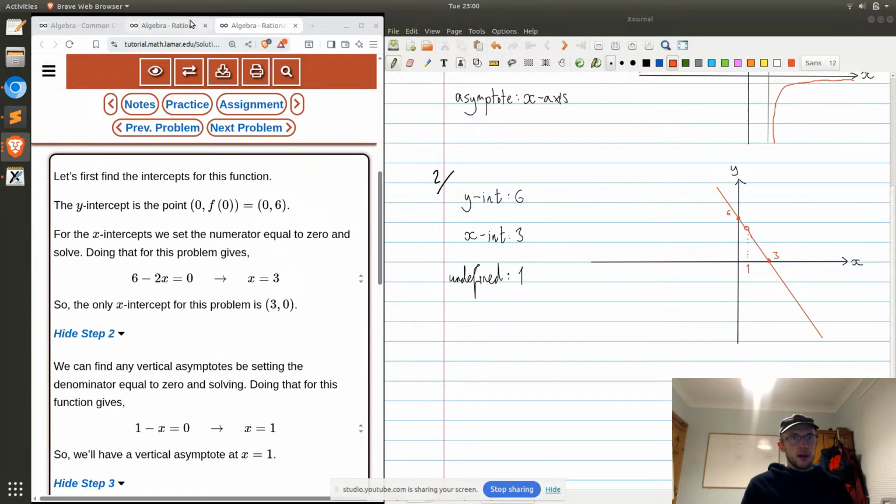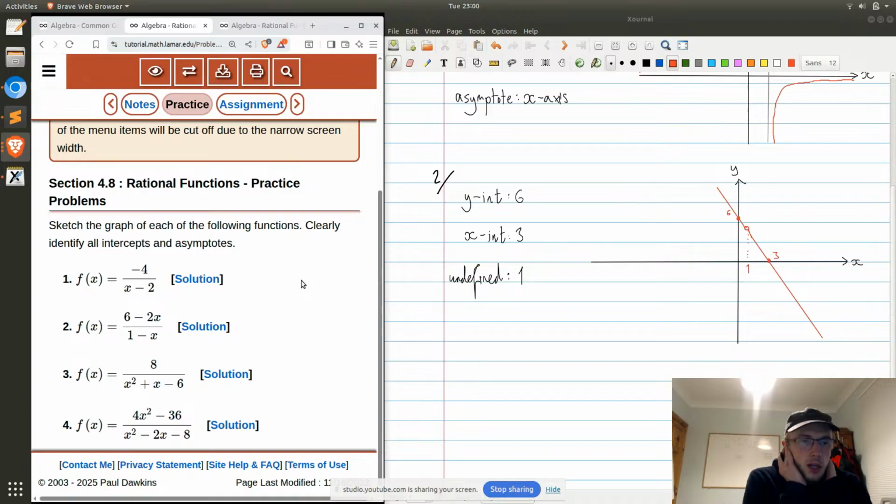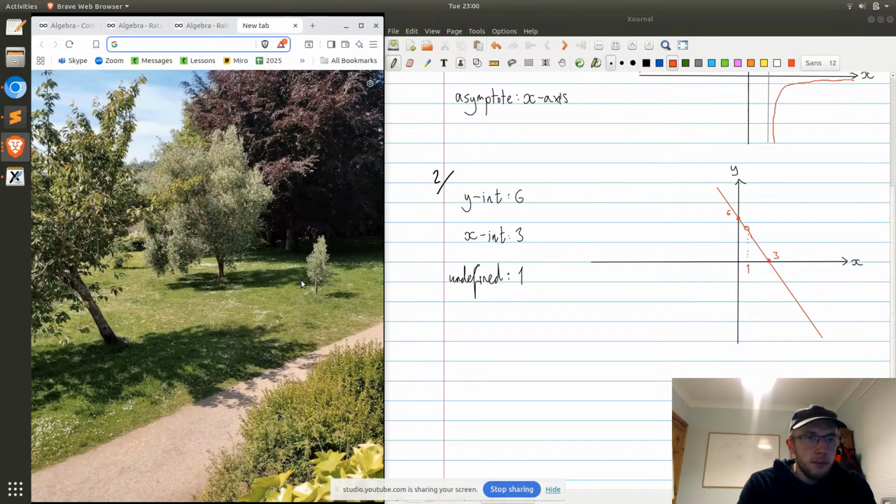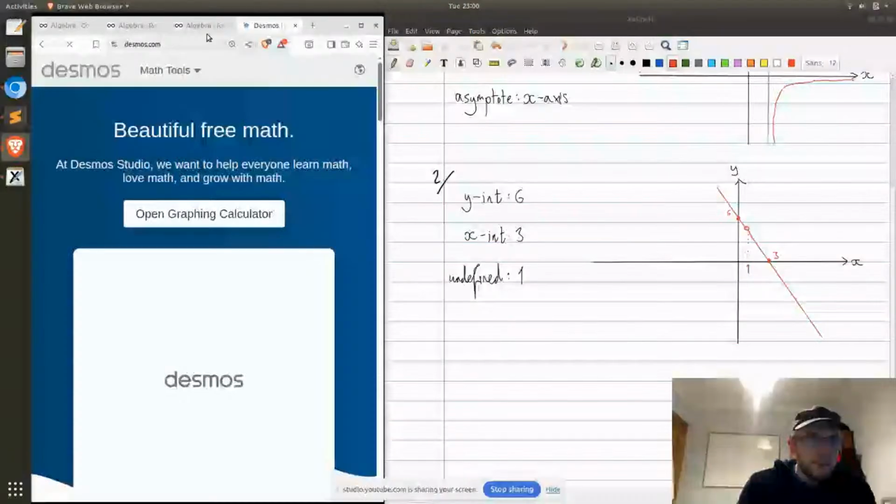I need to think about why it actually looks like this though. So Desmos is fine. Oh goodness me. Right, well, it's loading now.